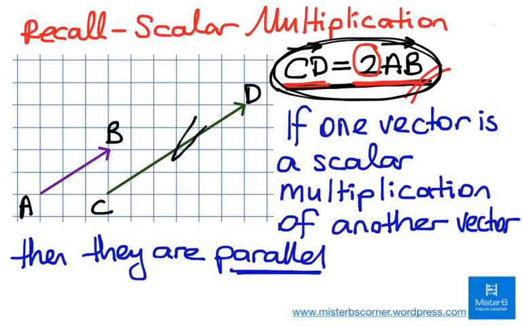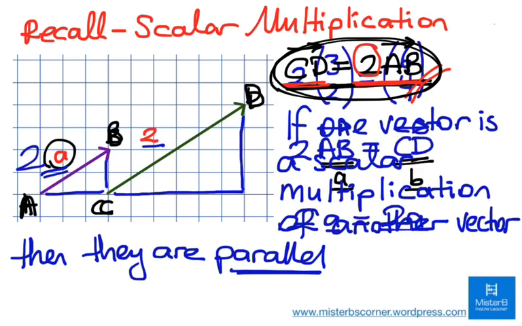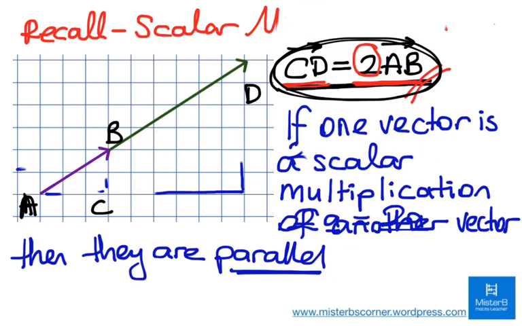If two vectors are parallel, then you can also say that they make a straight line. So, for example, this is the point P, this is the point Q, this is the point R. They make a straight line because the vectors PQ and QR are parallel.